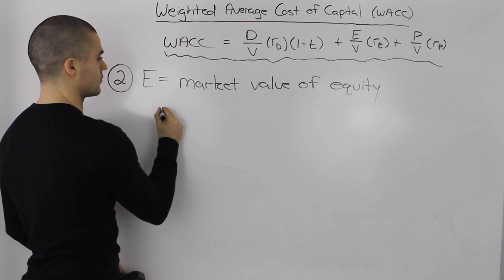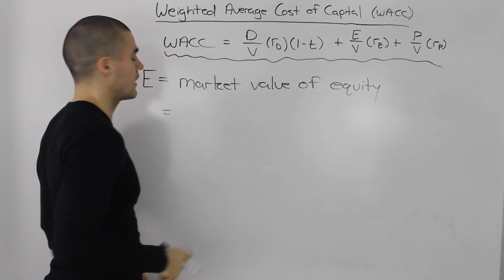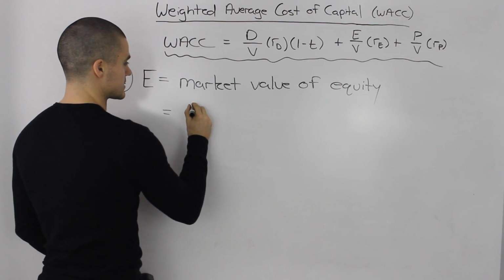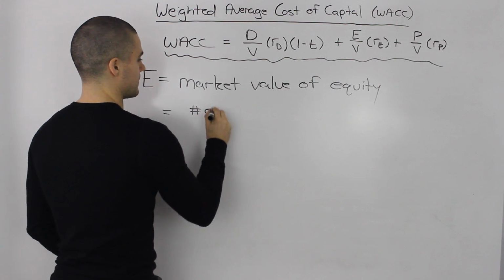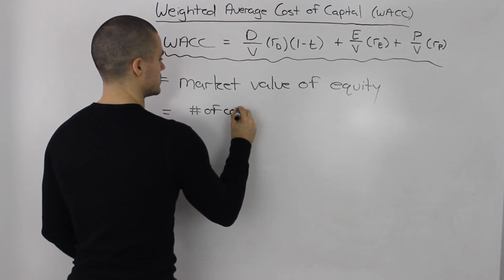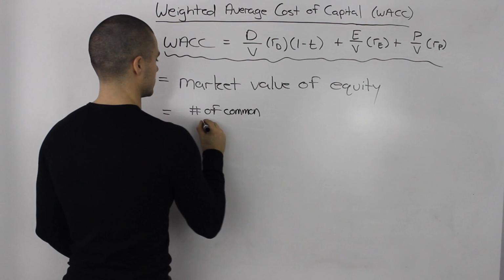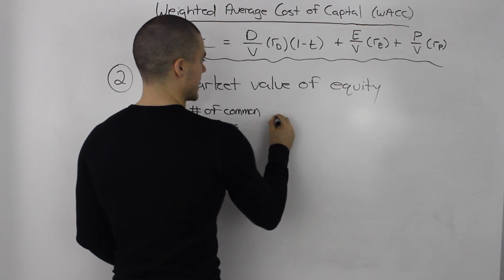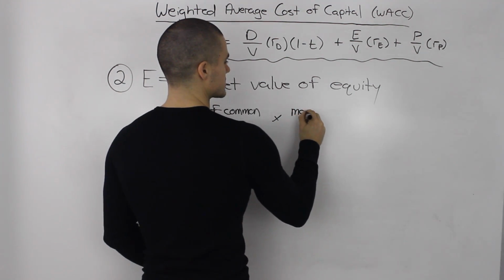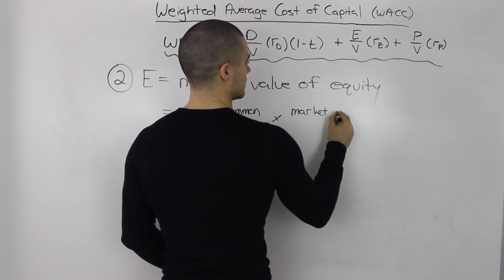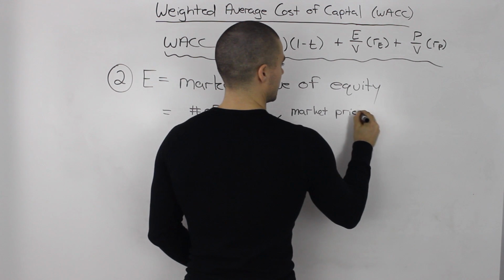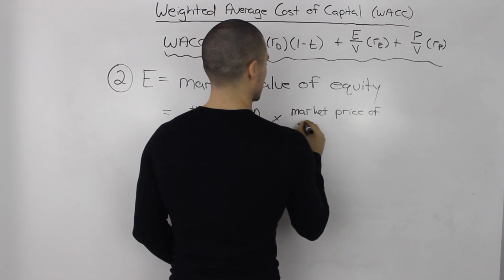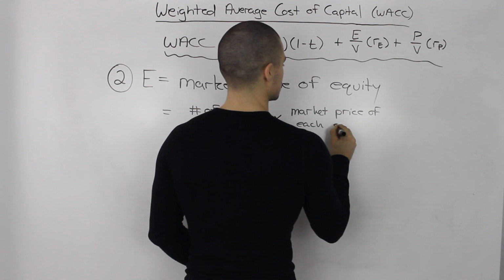And sometimes they won't. So the way that you calculate the market value of equity is the number of common shares times the market price of each stock.